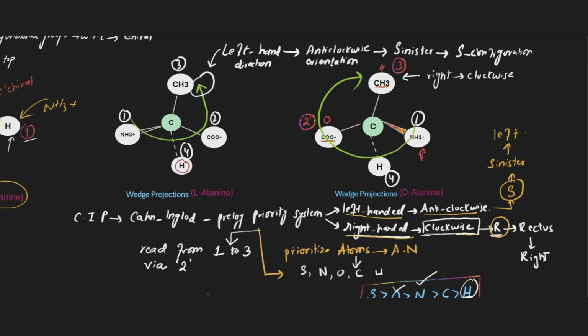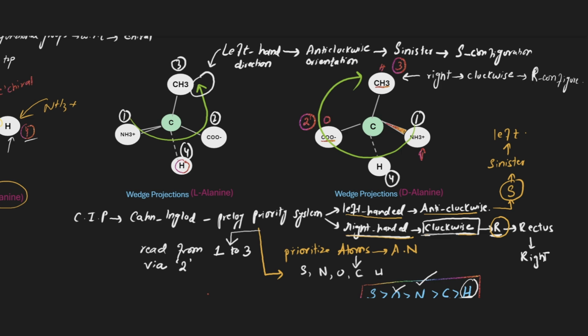So the molecule is in the clockwise orientation, and when it is in the clockwise orientation according to the CIP rule, it is actually in the R configuration, rectus configuration. So it has R configuration. It is R configured. Okay.